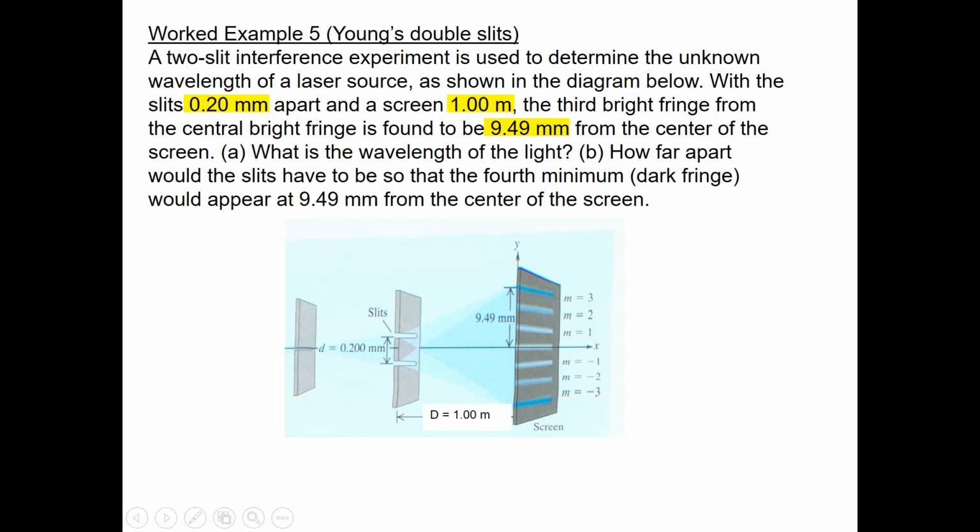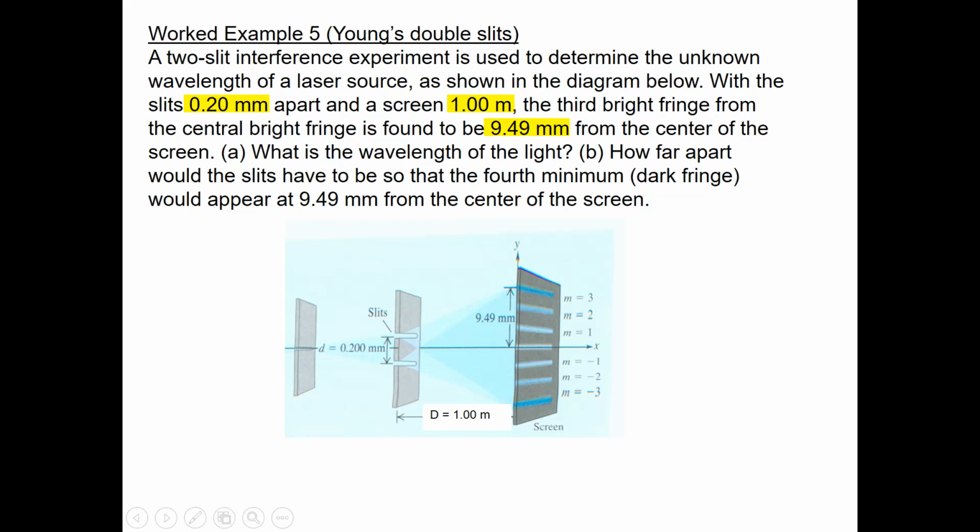Actually, for a laser source, a single slit is optional, so you can still have it. You pass it through the single slit, then there's a double slit, and then you get the interference pattern. Notice that the orientation of the slits is horizontal, so the spreading will be vertical, because it spreads across as seen in the diagram. So you have the fringes here.